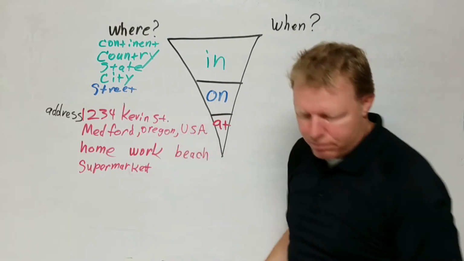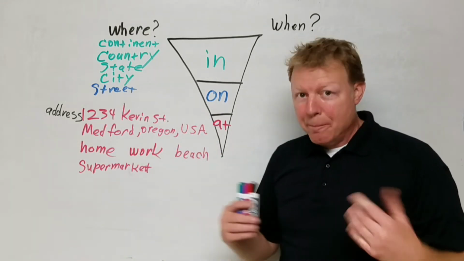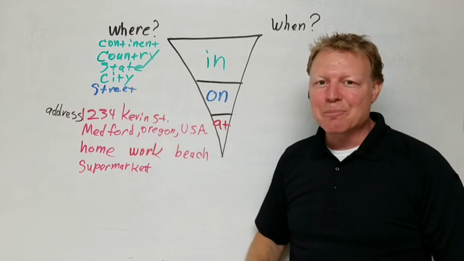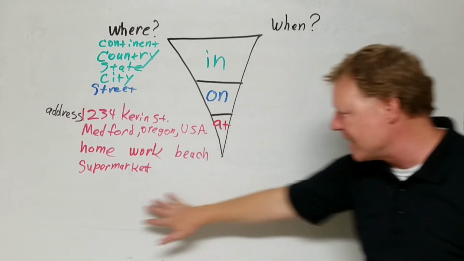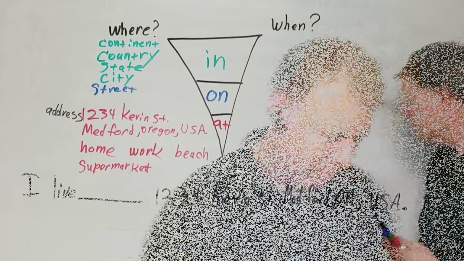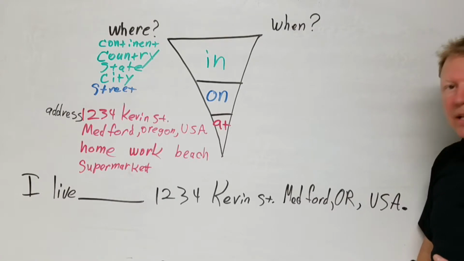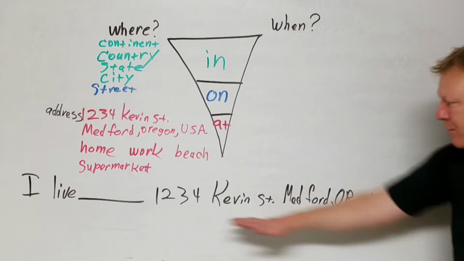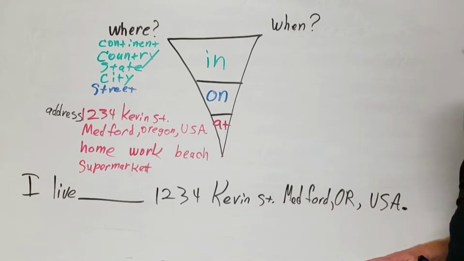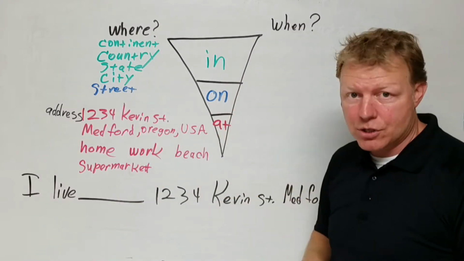But first, let's do a little practice. Let me write a practice sentence down here so we can really understand what we're doing, okay? All right. So let's look. I've got a really long thing going on here. This is my address, okay? So we're going to determine if this is in, on, or at.